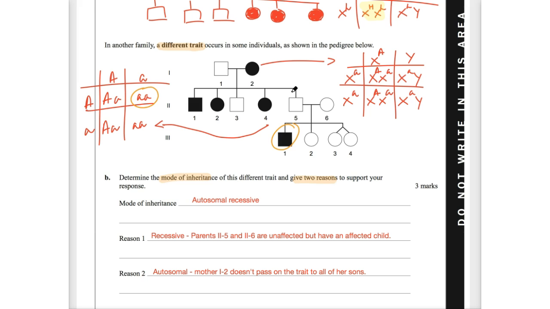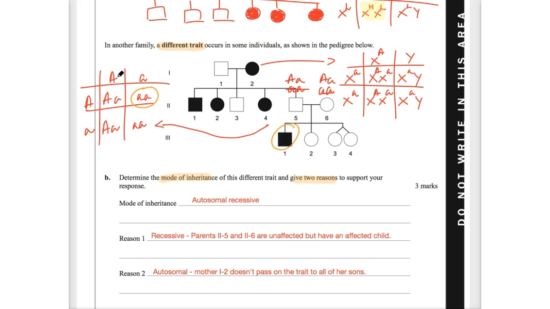these 2 as little a, little a. If that was the case, then none of their offspring should express that phenotype. They should not have it, but there's one person that does. The only way they could is if these 2 were heterozygous and it was a recessive mode of inheritance.